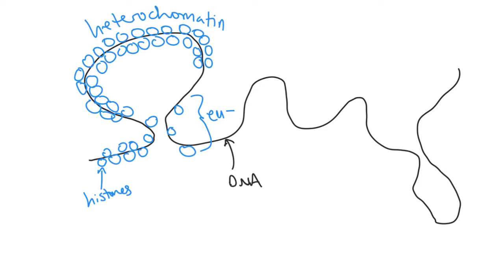And also remember that heterochromatin is repressive for transcription, which means that when DNA is very tightly bound to these histone proteins, it's hard for other proteins like transcription factors to access genes and to start transcribing them.